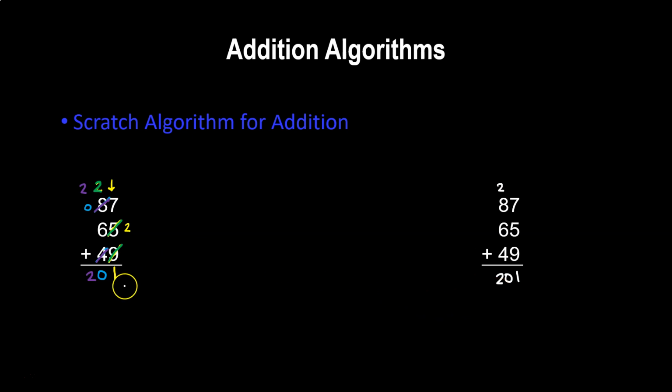The scratch algorithm keeps it so that we're only adding single-digit numbers at any time. Whereas the standard algorithm, you might be adding double-digit numbers like 12 and 9 or 16 and 4. Either way, you will get the same answer. It's all about what makes sense and how we can teach differently so that things can make sense to people who think differently.